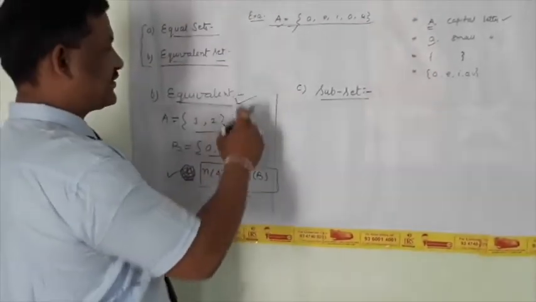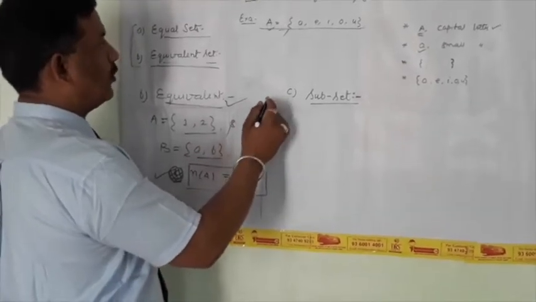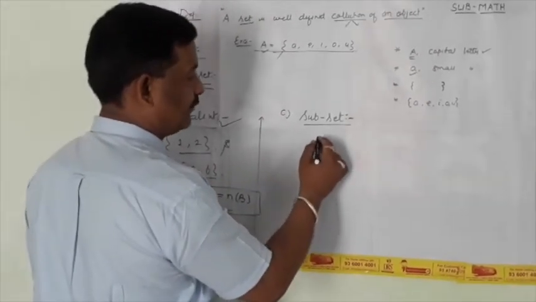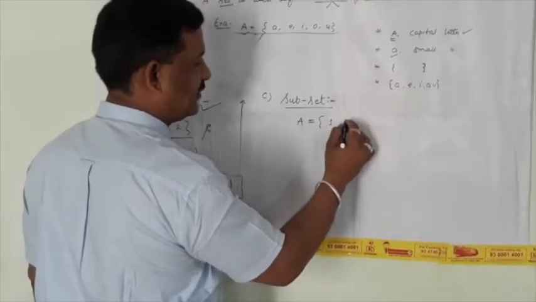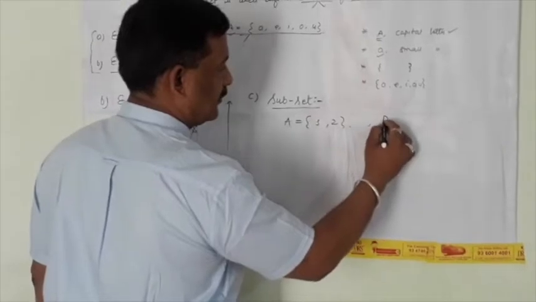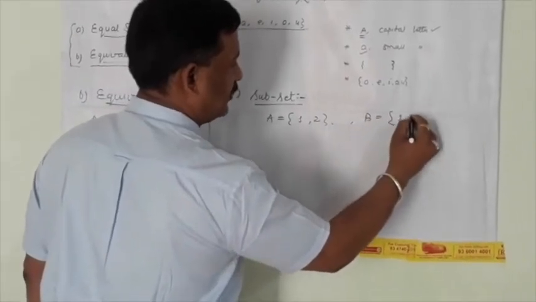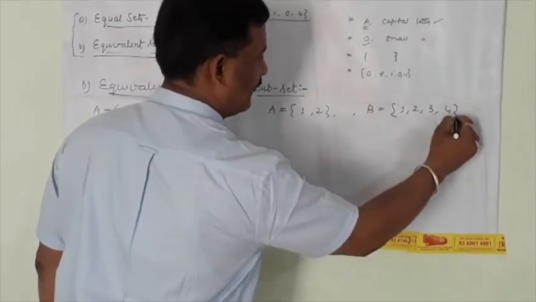Here we discussed two minutes ago what an equal set is. Now, on the same pattern, let set A be 1, 2 and set B be 1, 2, 3, 4.